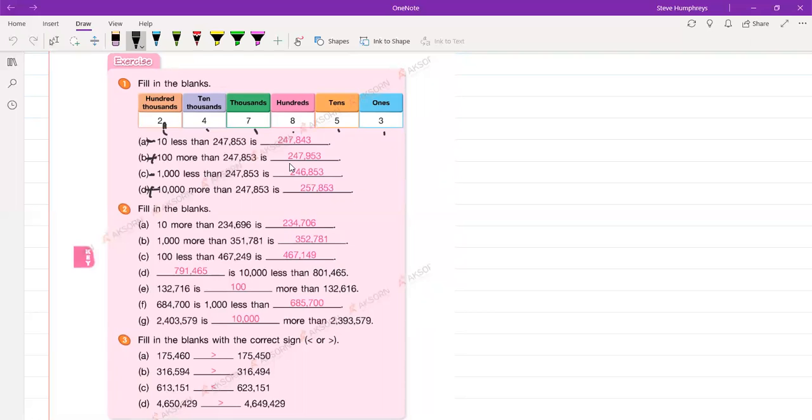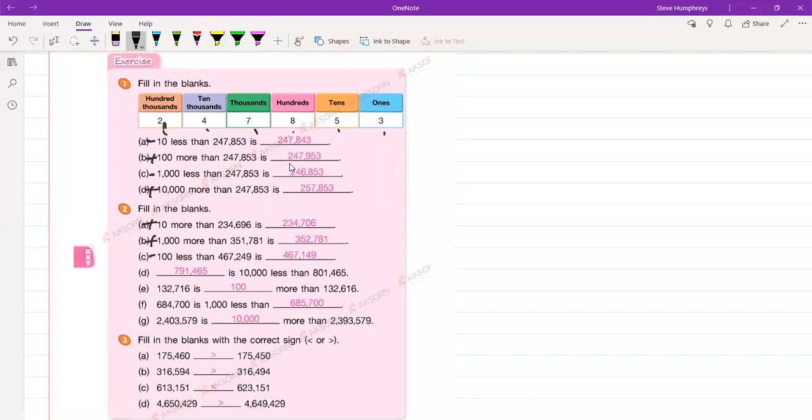Okay, number 2, fill in the blanks. 10 more than, add 10. B is 1,000 more than, add 1,000. C is 100 less, subtract 100.